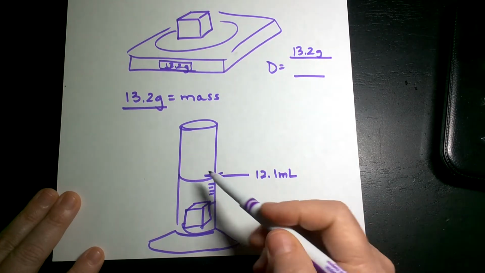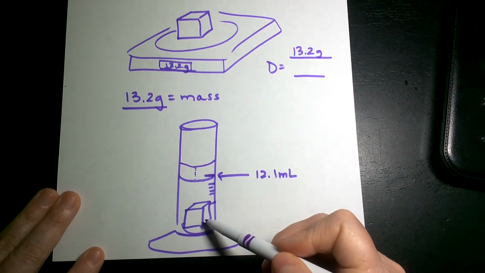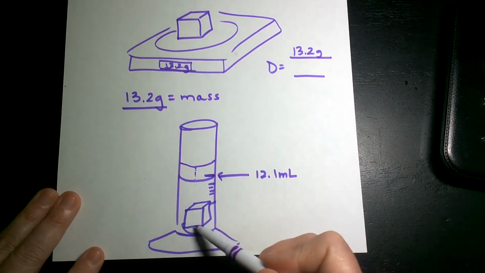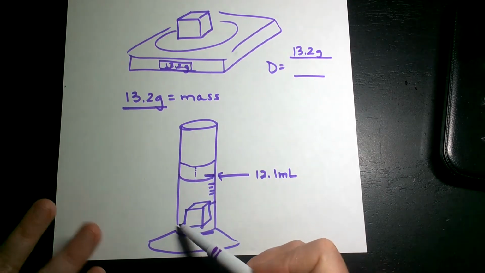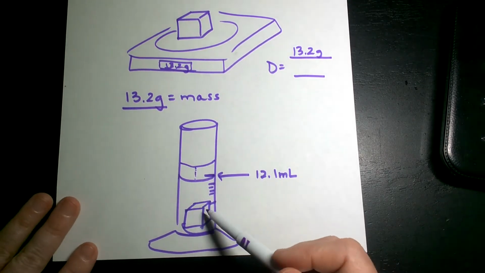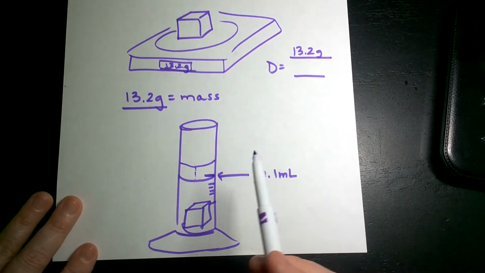And naturally what's going to happen is that water level is going to go up because the cube has volume, and volume takes up space. Just like if you were to sit down in a bathtub, all the water would kind of move out of the way around you. And so if you take up more space, then the water's going to go up higher and higher.